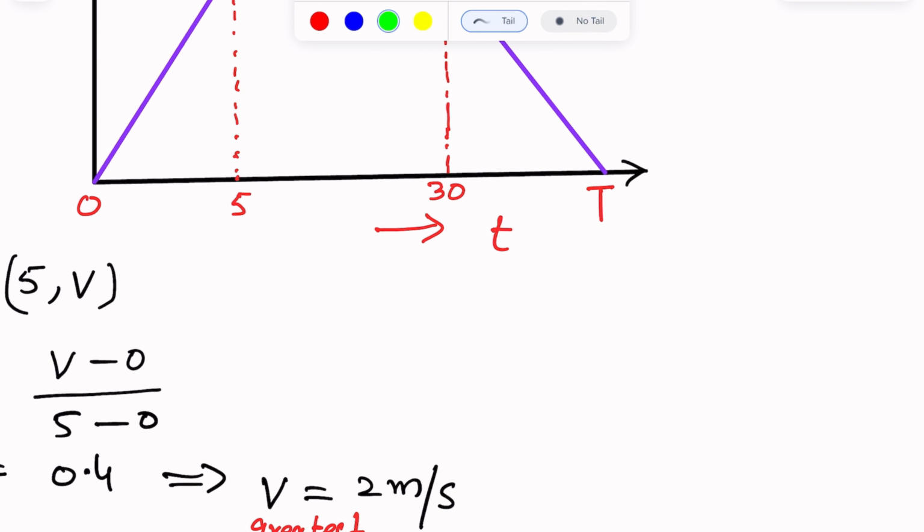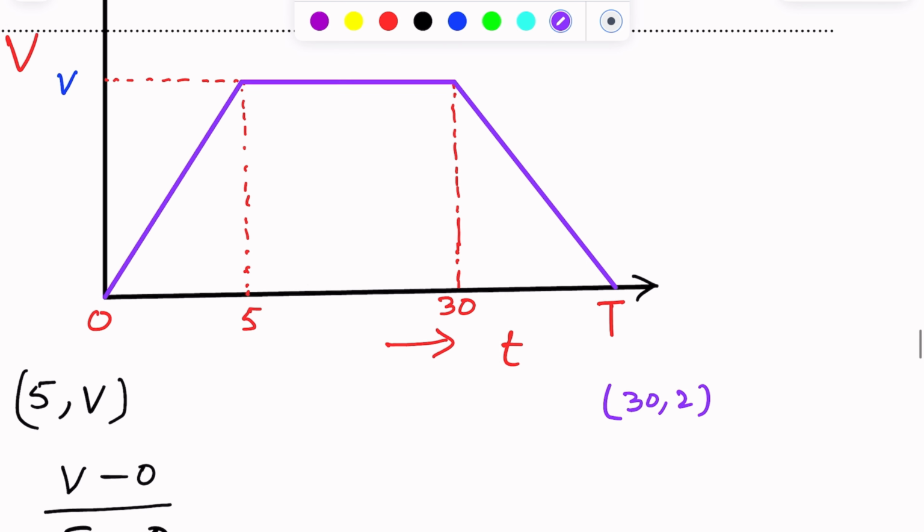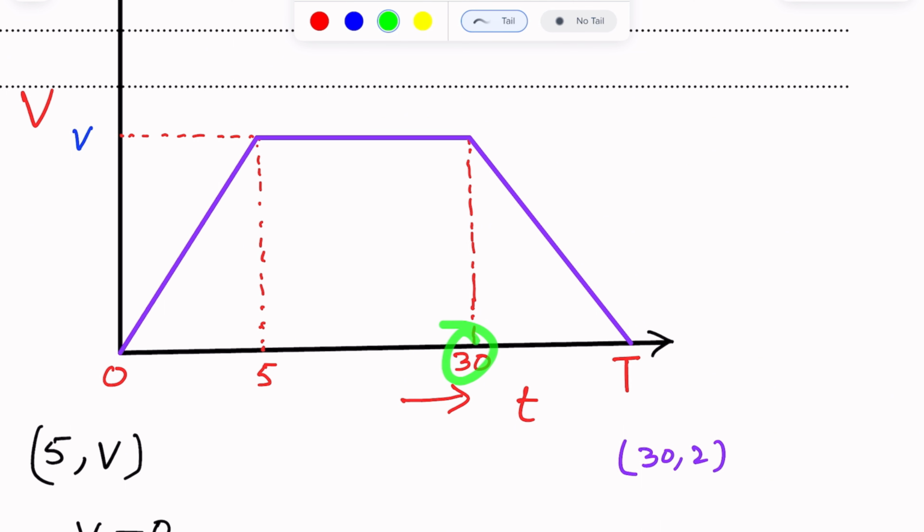For this t, we are taking these 2 points on this straight line that shows the deceleration. This is 30. This is 2.